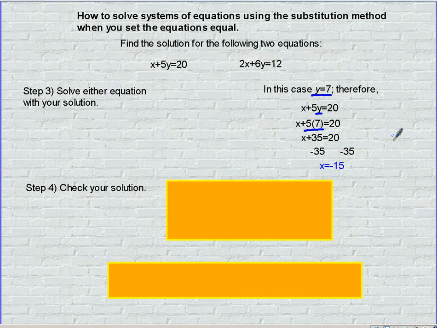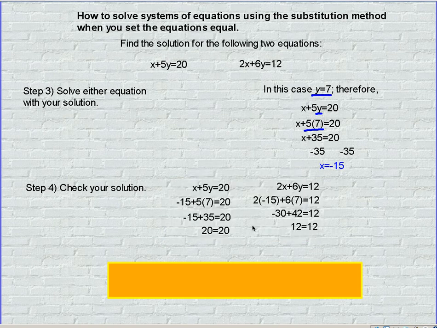Now again, we can check our solution in both equations. So pause your screen and check your solution in both equations. That gives us the following. x is equal to negative 15, so we substitute that here. y is equal to 7. Substitute 7 for y.